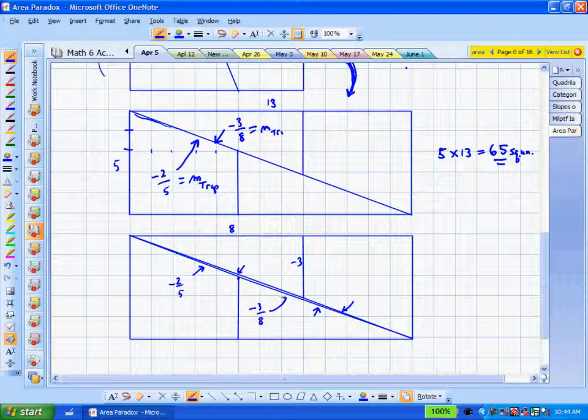So that one is -3/8, and this one, of course, is -2/5 as it comes down the other side. So one goes sharper and then more gradual, and one goes more gradual and then sharper, depending on how you go. So this rectangle, which is 5 by 13 equals 65, is not right.